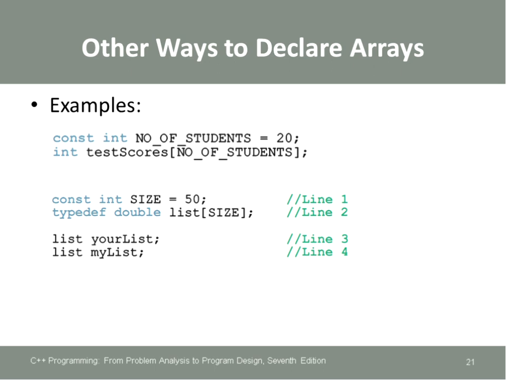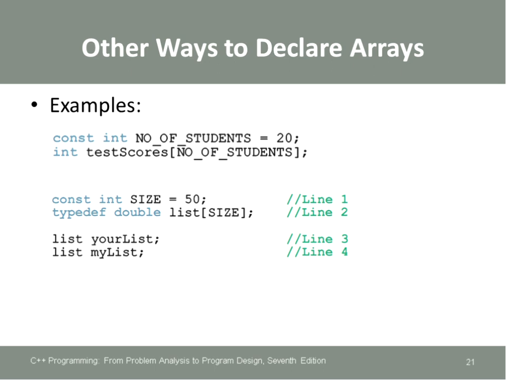Now, if it is too long to type, then you can also use a type definition to make it much simpler. So every time you refer to the array, that array will always be initialized with 50 because of the constant value.